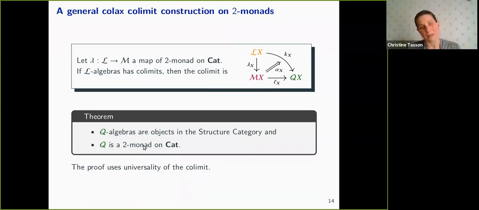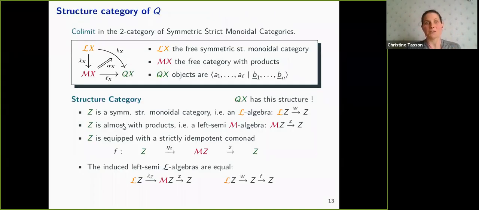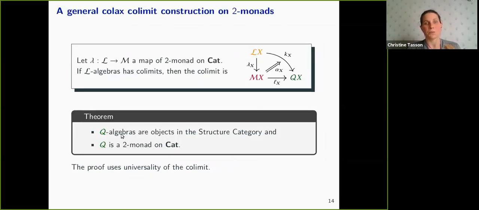I have to build the multiplication mu for the monad, and I use the fact that this multiplication is a map in the structure category. It's a little bit hard to explain the role of this structure category in the proof, but we are really using every part of the category, the object, the 1-cell and the 2-cell, to prove both that the structure of the 2-monad is working and that the Q algebras are really characterized by the structure category.